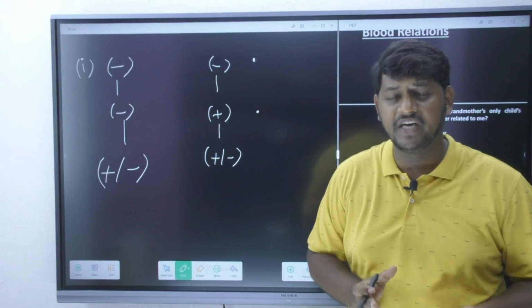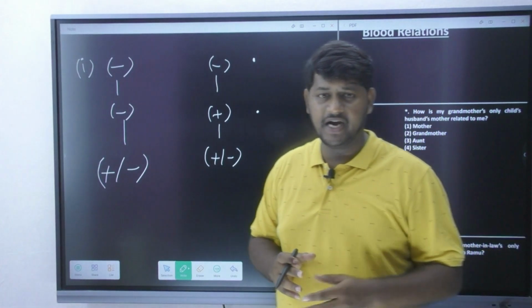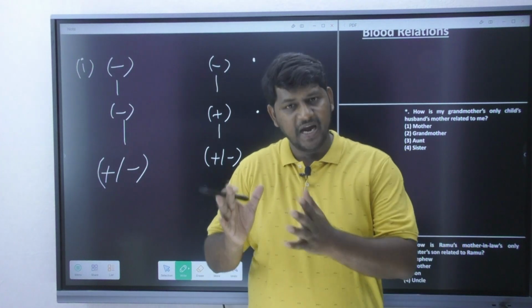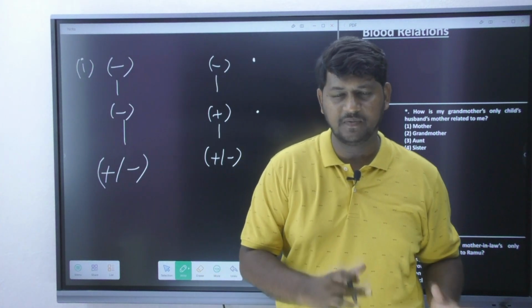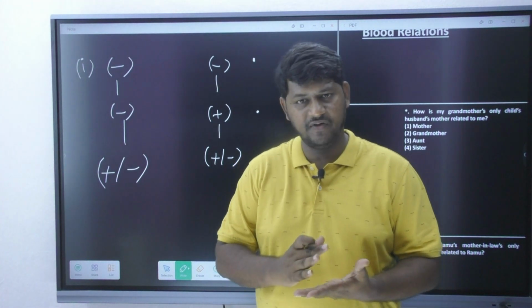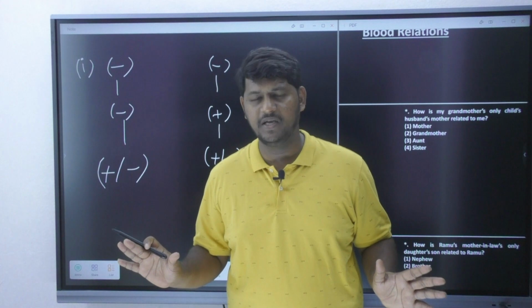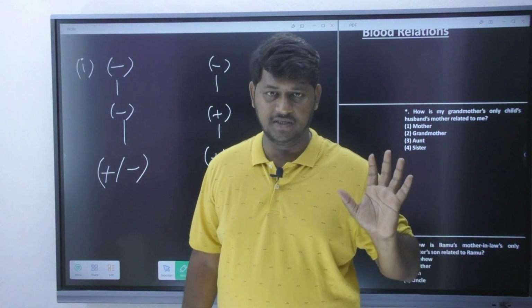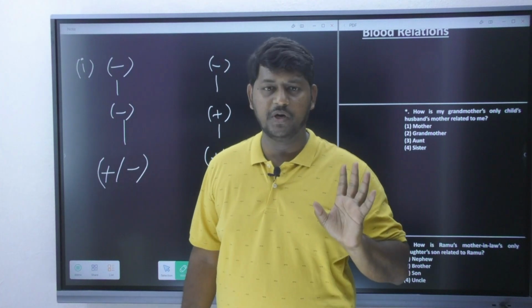You cannot define the gender of a child. Please understand, children's doctor, children's hospital, children's day, it is for both boy as well as girl. You cannot say child means definitely male or definitely female. But you can say for sure there is no other person. Only one person is going to be there.